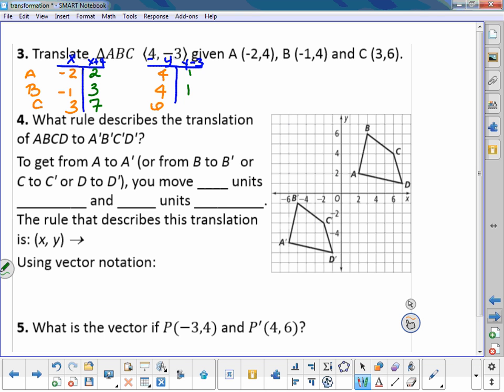And the 6, and I subtract the 3, will give me 3. So my A prime would be at 2, 1. My B prime would be at 3, 1. And my C prime would be at 7, 3. Okay? Now, we're going to describe the transformation from B to B prime.